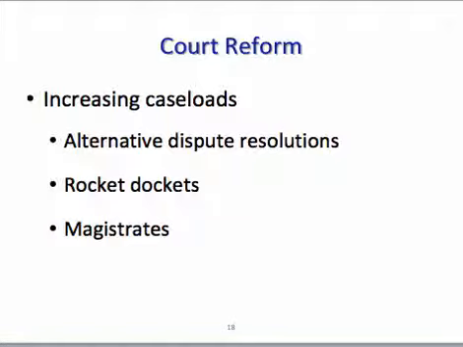Some people have estimated it's less than 5%. So you see an increasing amount of attention to figuring out ways to streamline the process and still provide justice. The terms like the rocket docket, really specializing in certain types of cases to get them out of the general stream of cases and deal with them differently.